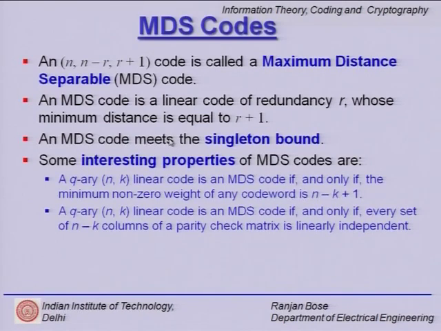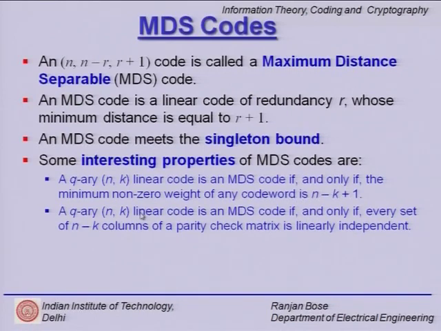Some important and interesting properties of MDS codes are that a q-ary (n, k) linear code is an MDS code if and only if the minimum non-zero weight of any codeword is n minus k plus 1. Also, a q-ary (n, k) linear code is an MDS code if and only if every set of n minus k columns of the parity check matrix is linearly independent.